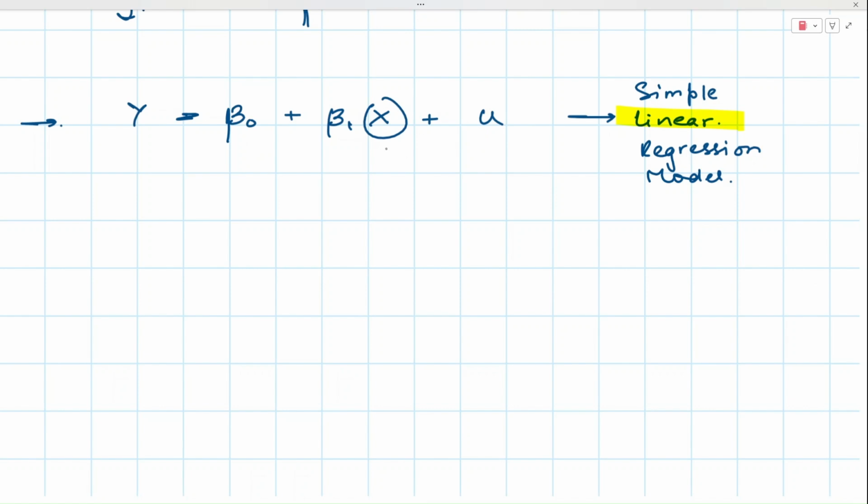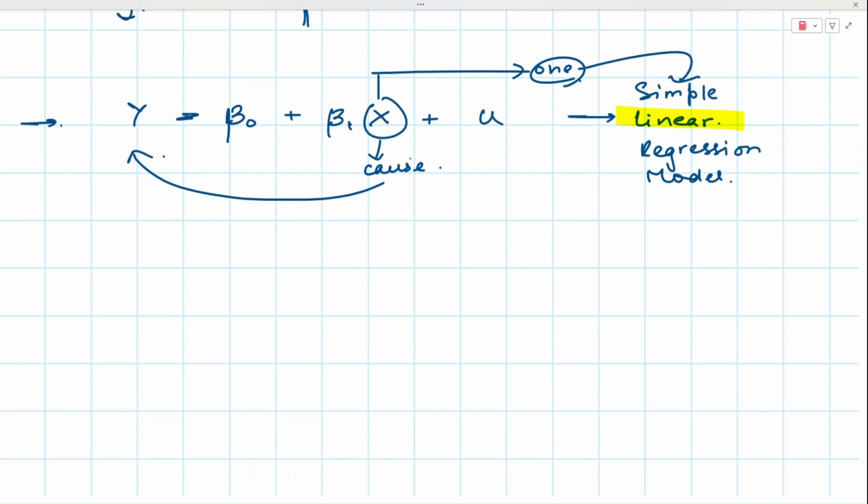So this x, the cause that we were talking about, we are assuming that x is the only cause of y. So because there's just one variable on the right hand side, we call it simple. So this is your simple linear regression model.